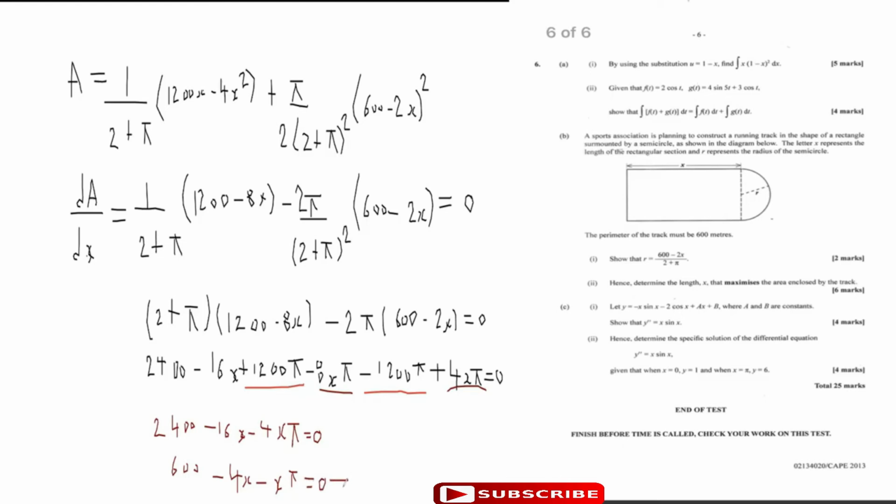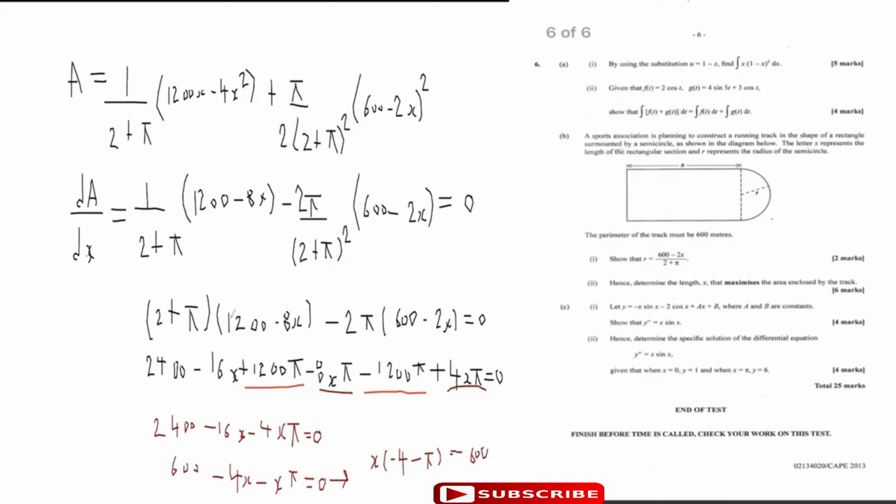That is telling us that we can factor out x right here, and we're going to get minus 4 minus pi, and that is equal to negative 600, because I bring over 600 over here.